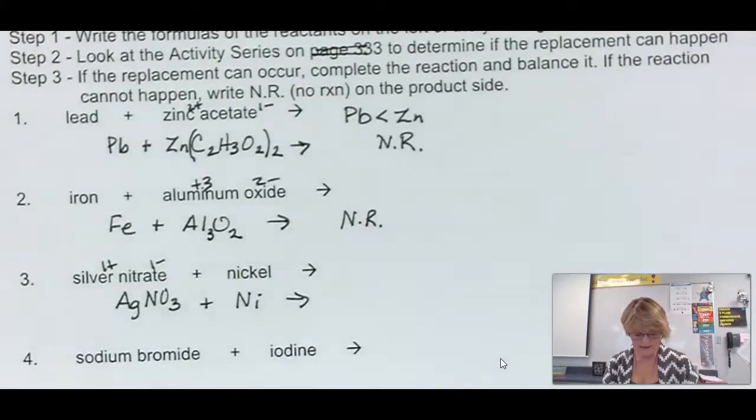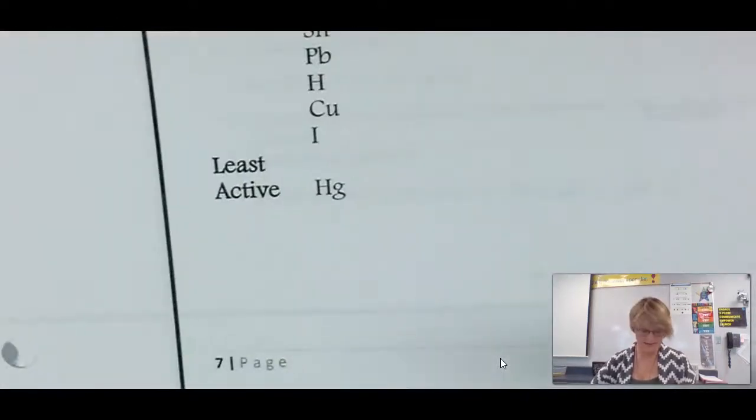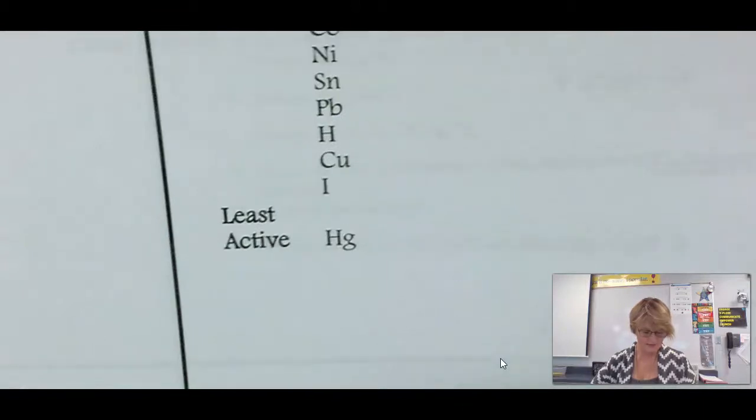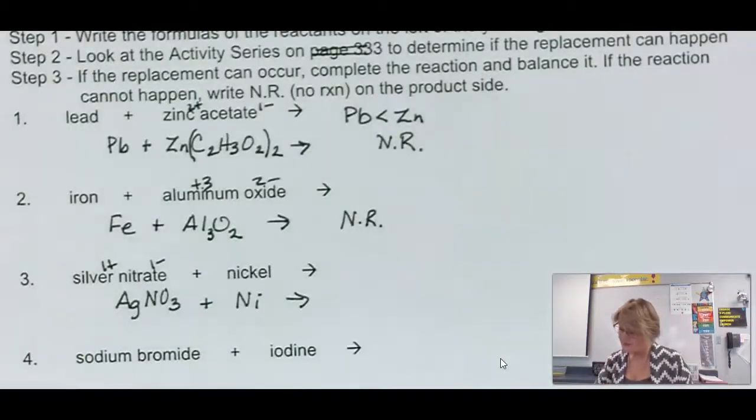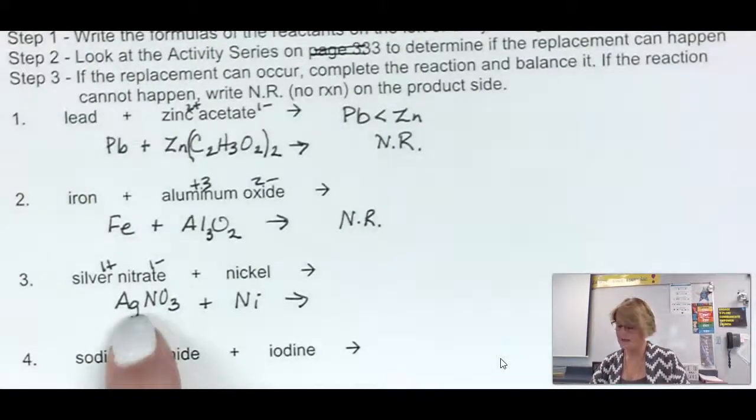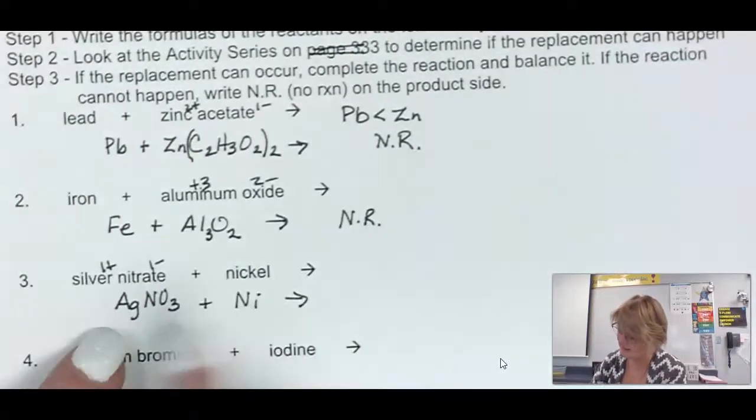I found one, and silver is above gold and platinum. It's below mercury. This one says mercury is the least active, but silver is actually below that. Highly unreactive. So silver is very unreactive. Nickel's going to be above it, so nickel is going to knock it off.